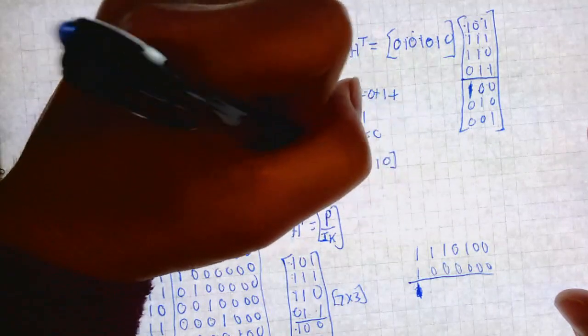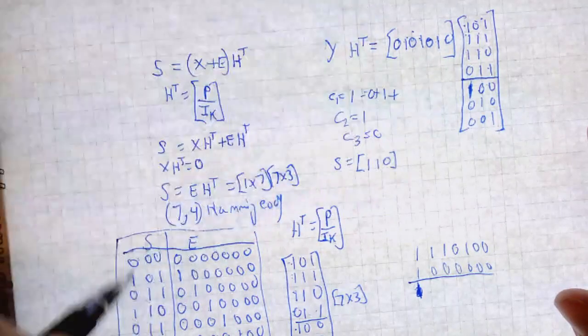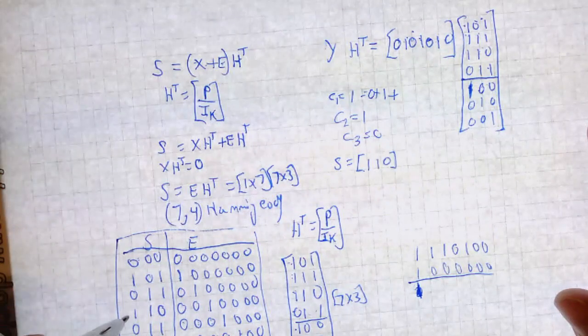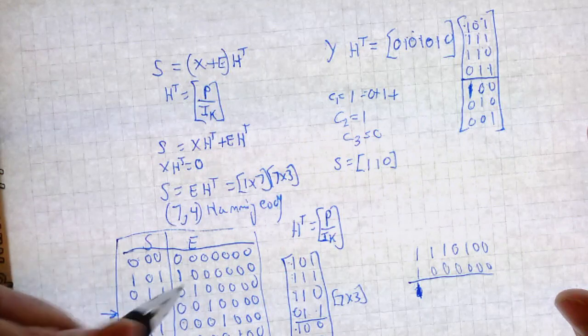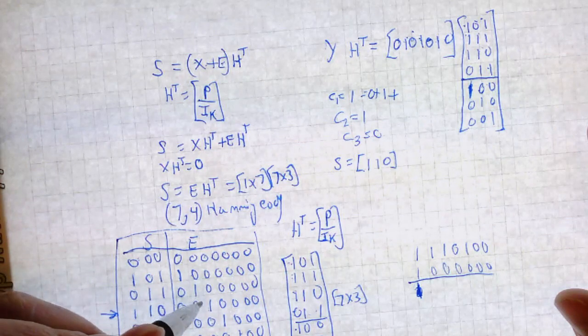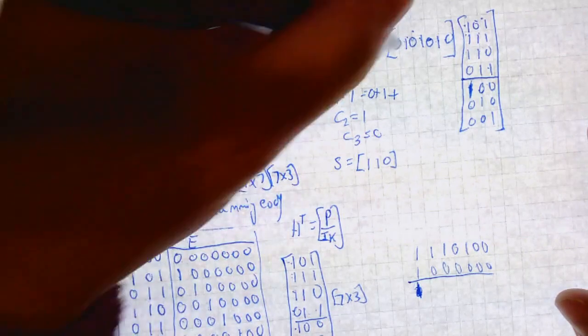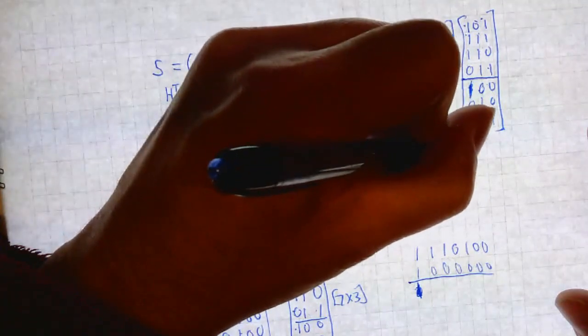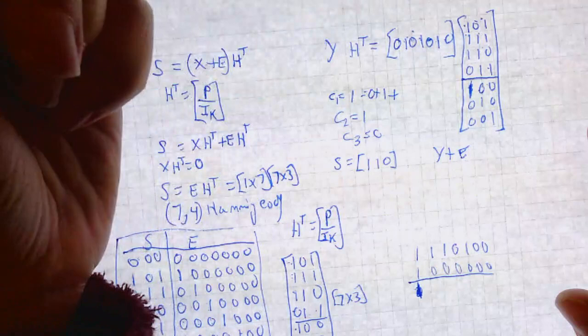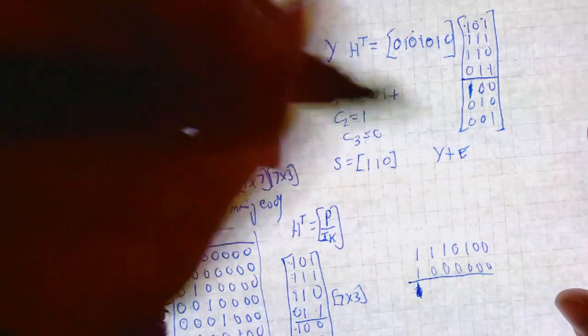That's our syndrome. We take a look over in here for 1, 1, 0, which is right down in there. And we see there's an error in this third bit. So we take the y, mod 2 it with the error in order to flip the bit back.